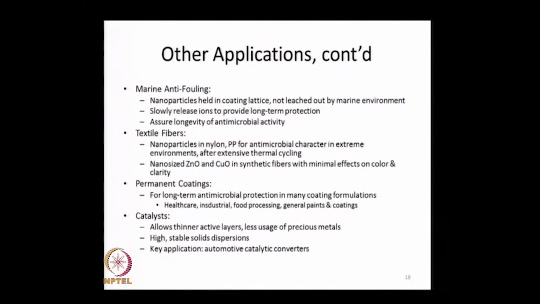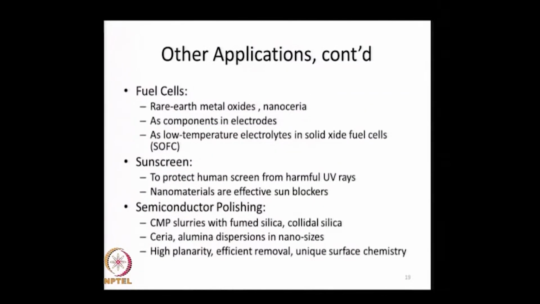And again, catalysts, where we can use thinner layers, less usage of precious metals is possible with catalysts. Very high stability solids dispersions can be used. One of the key applications is in automotive converters, where increasingly nanocatalysts are starting to be employed. Fuel cells, sunscreen products, semiconductor polishing are all other examples of where nanomaterials are used very effectively.